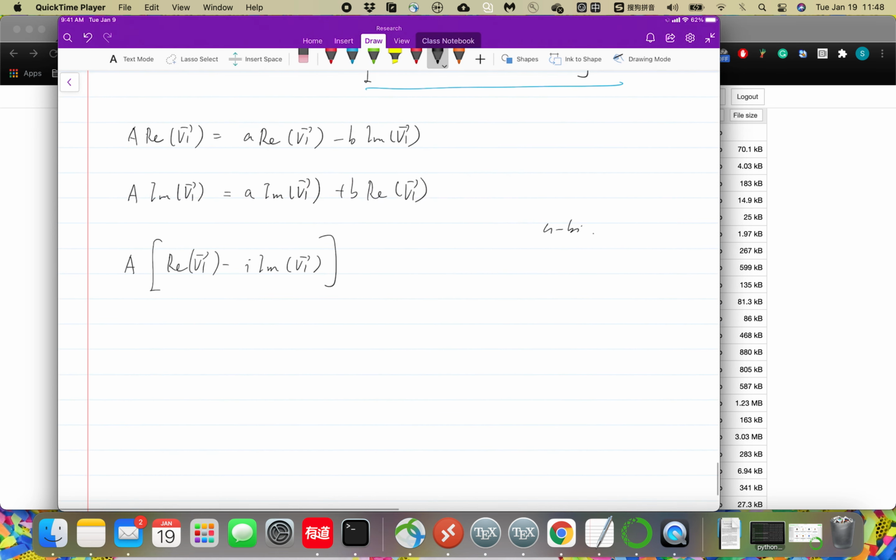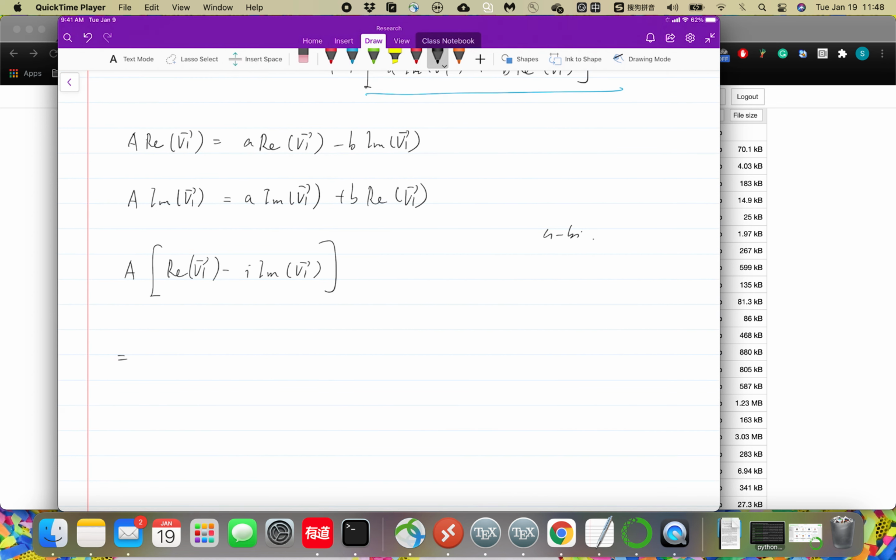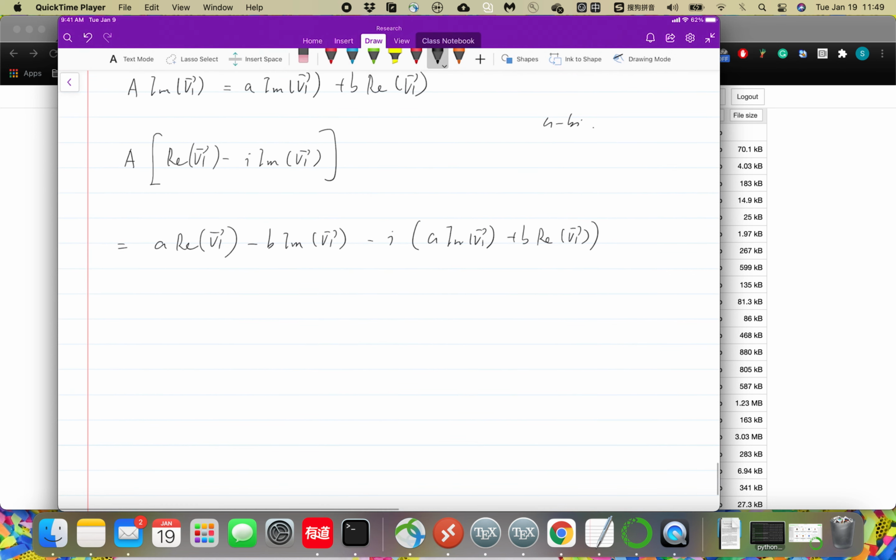Then this one is going to be the top minus the bottom, minus B, minus I, which equals, you can verify by yourself, A minus BI times real v1 minus I imaginary v1.